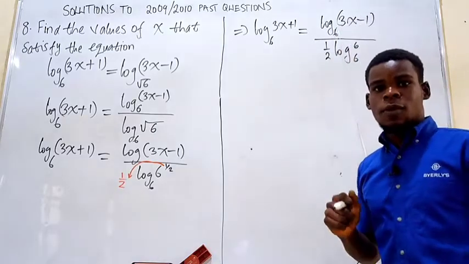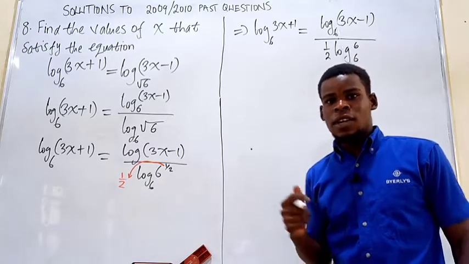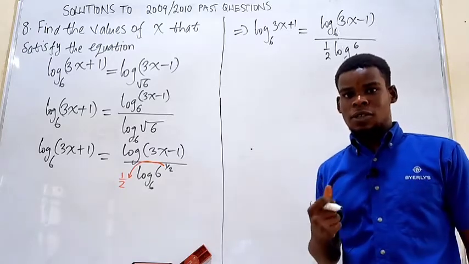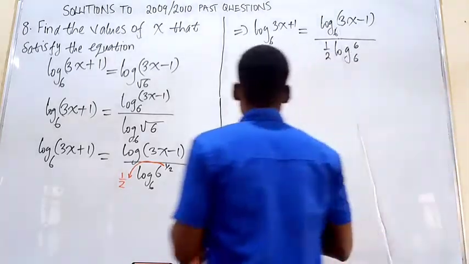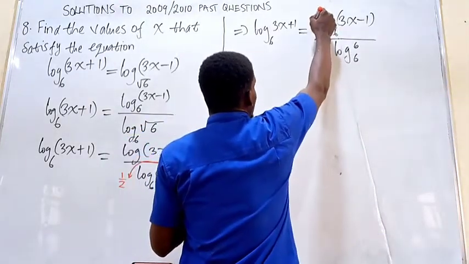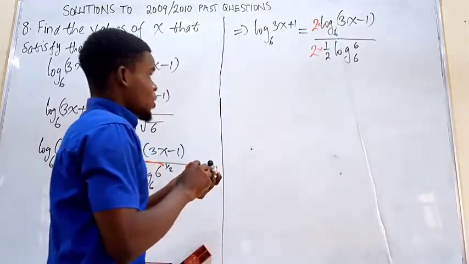And you know that the logarithm of a number to the same number as a base gives us 1. So we'll end up with 1 over 2 in the denominator. Or better still, let me multiply the top and bottom by 2, because I just want to get rid of the 1 over 2 at once.